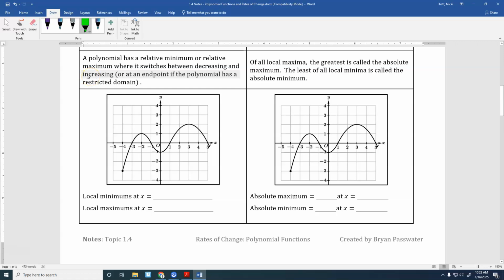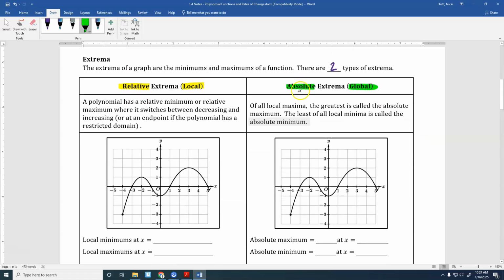It says switches between decreasing and increasing, so that could be either way, decreasing to increasing or increasing to decreasing. Or it can also be at an endpoint if you have restricted domains. I don't like that the endpoints are possible, but it's fine. We'll do it that way, since they said we need to.